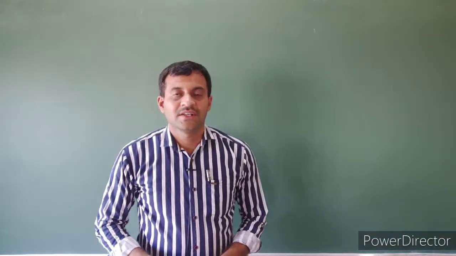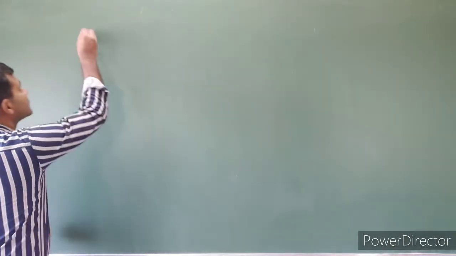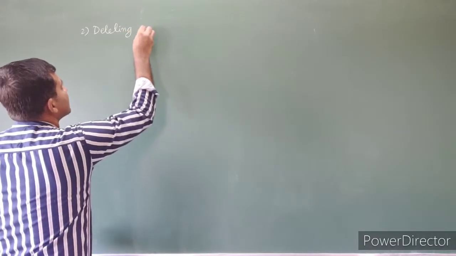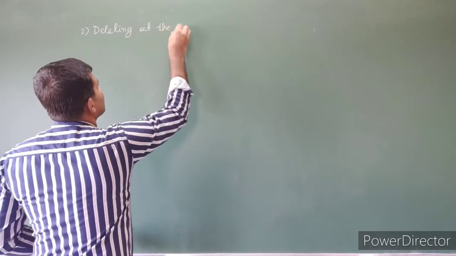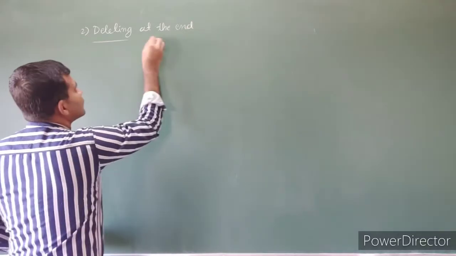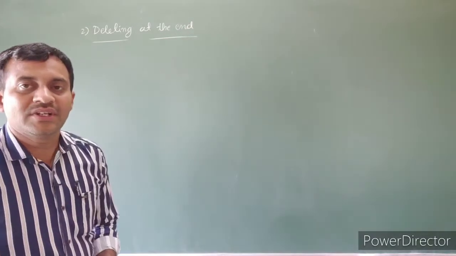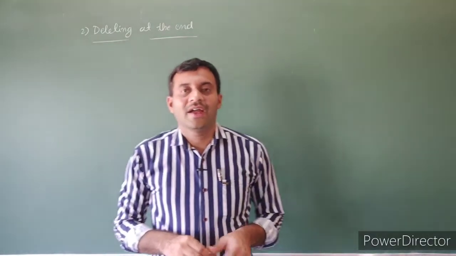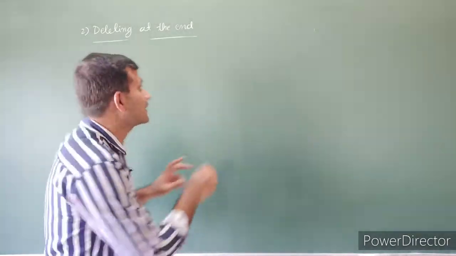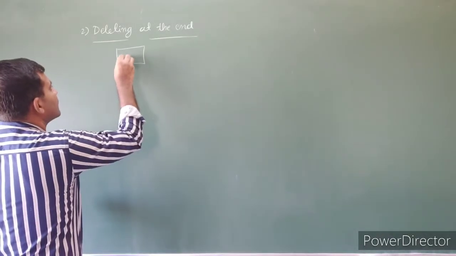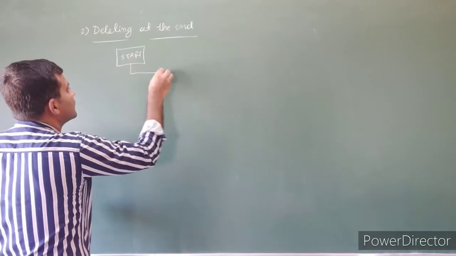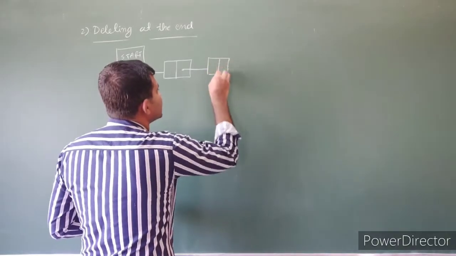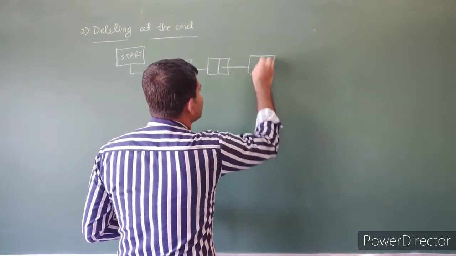Consider the second case, that is deleting at the end. Deleting a node at the end. To delete a node at the end, first we have to identify the last node and the second last node. See here, it is a pointer. These are the linear collection of nodes.